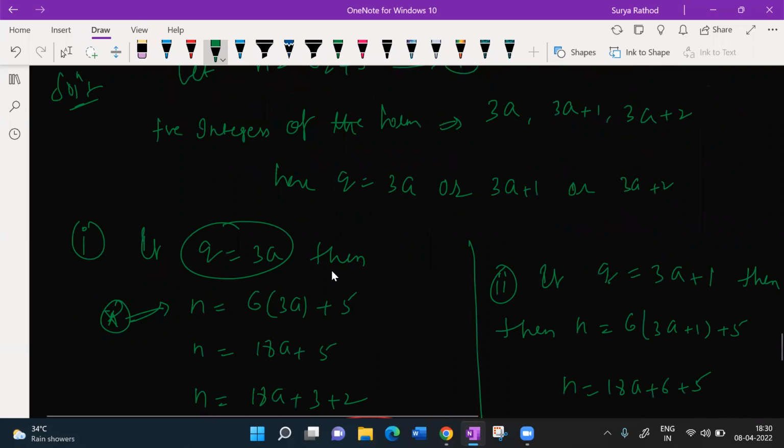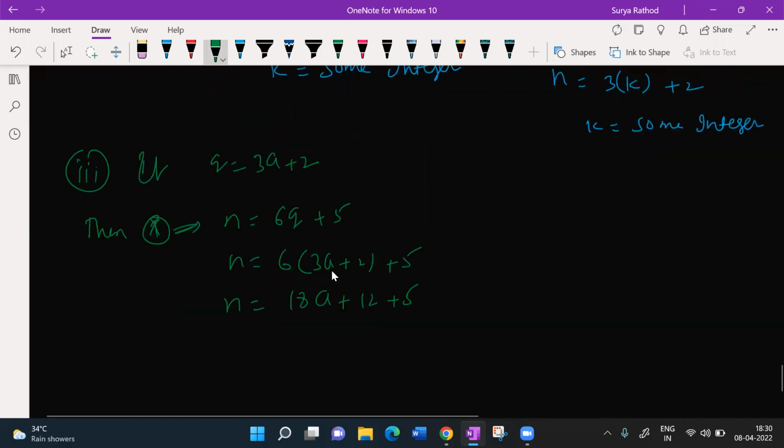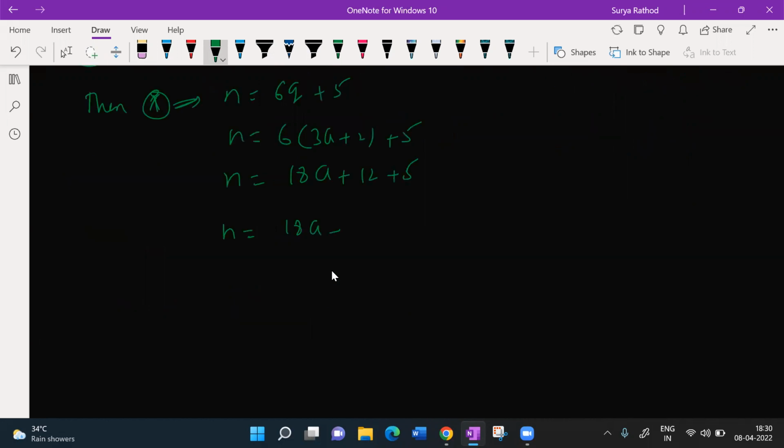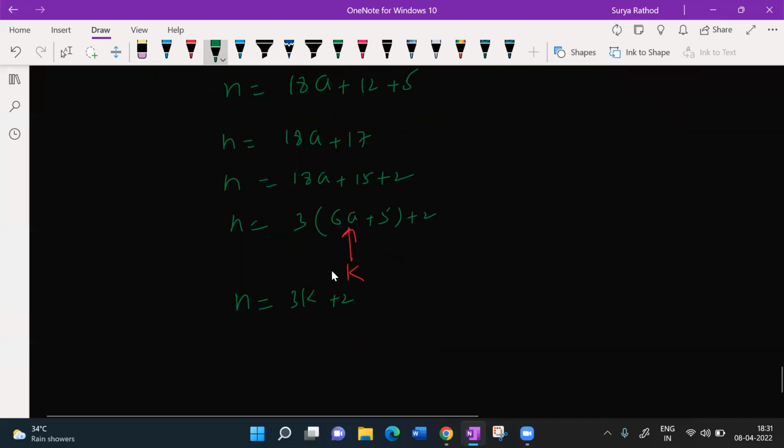Here n is equal to 6 into 3a plus 5. So n is equal to 18a plus 12 plus 5, so n is equal to 18a plus 17. How can I make this 18a plus 15 plus 2? Taking 3 common, n is equal to 3 into 6a plus 5 plus 2. Correct? Now this is k. So you can write that as 3k plus 2, where k is some integer.